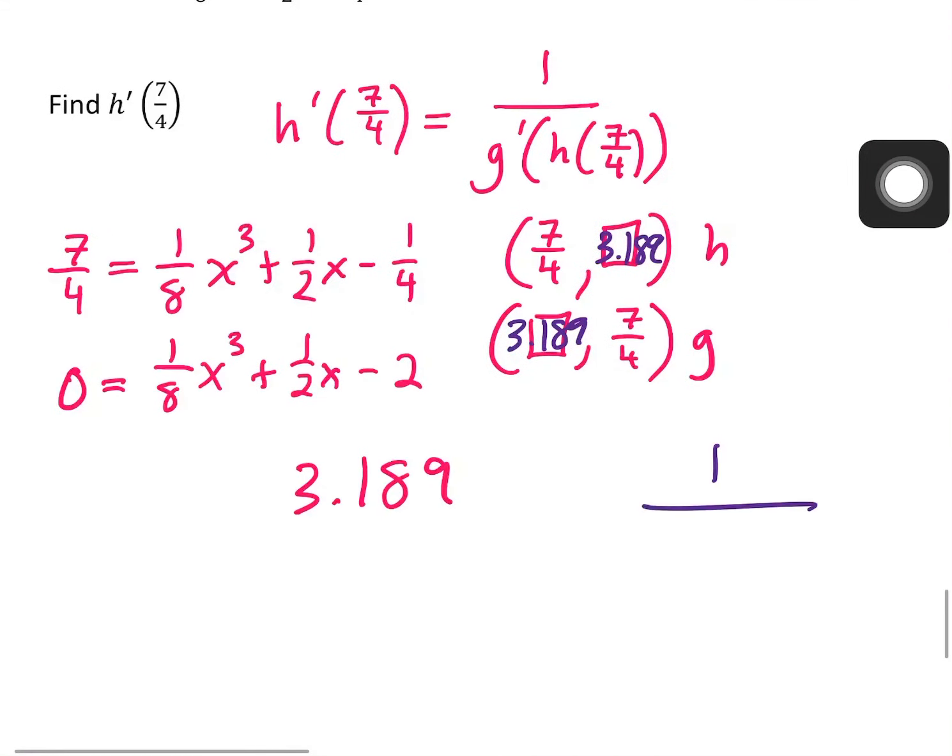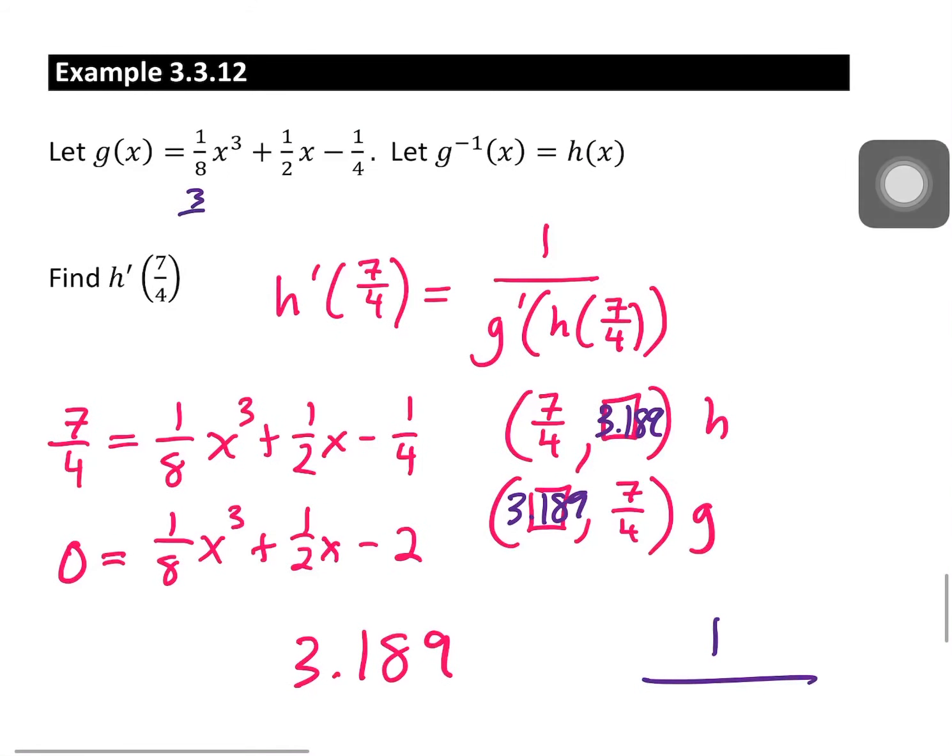1 over, and then the derivative of this would be 3/8 x to the 2nd plus 1/2.